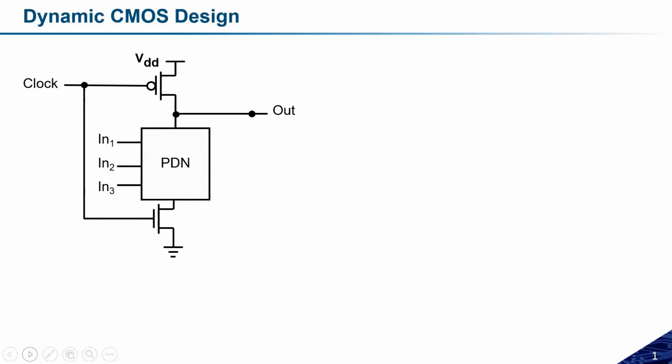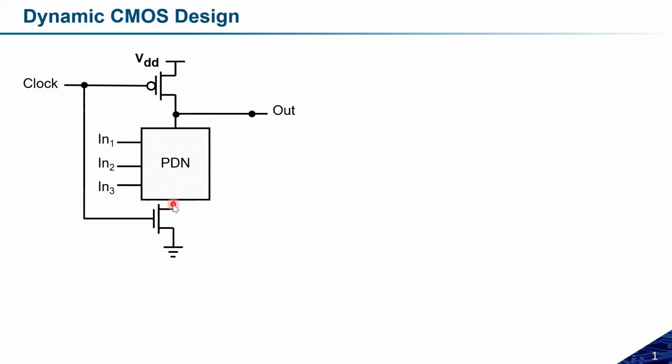If I'm talking about the pre-charge, I just told you it requires the additional clock pulse. So this is the basic structure of the dynamic CMOS design. It looks like this, where on the pull-up side we have kept one transistor, and we have kept one transistor in the pull-down side, between the pull-down network and the ground.